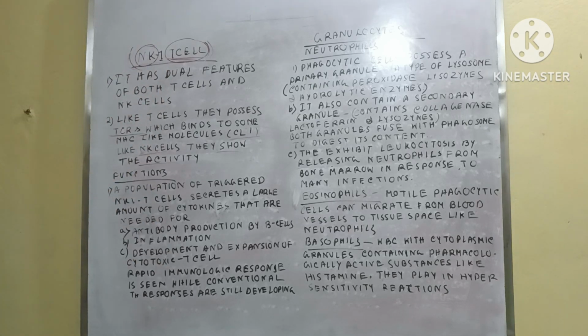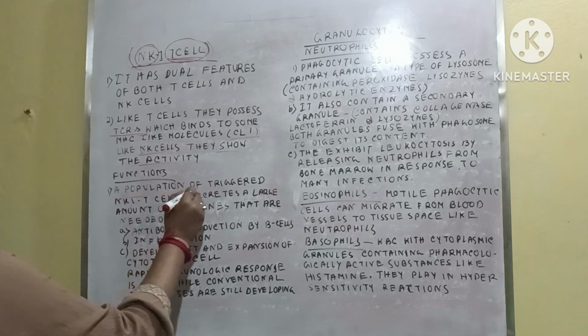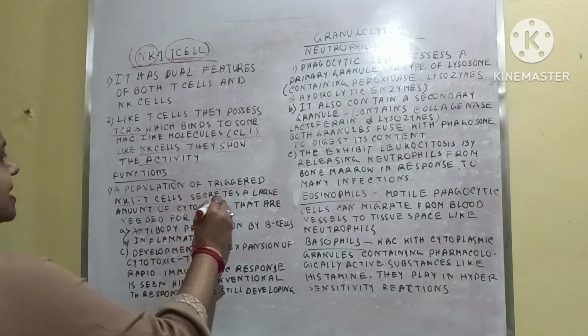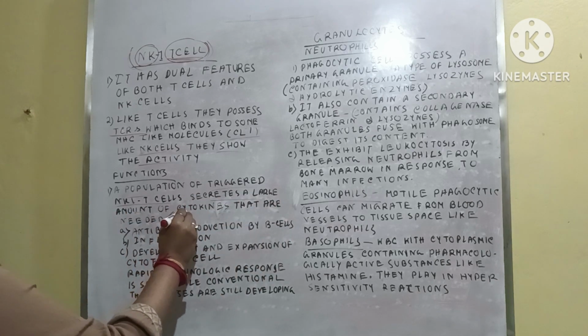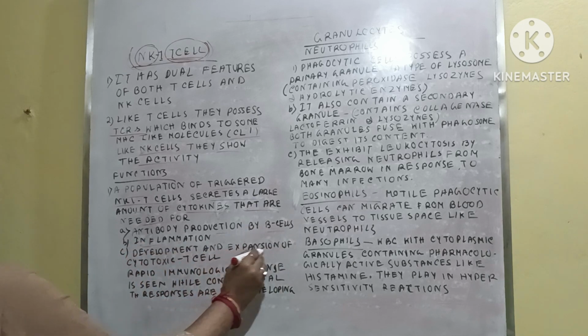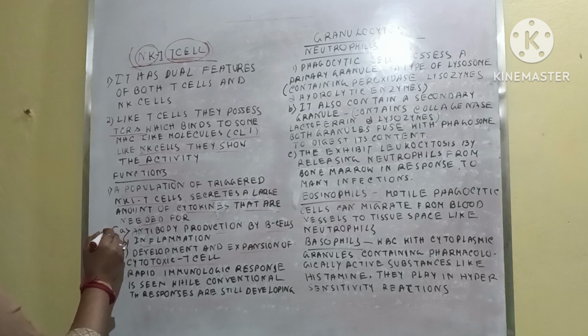Okay, and the function is what? The population of triggered NK1-T cells secretes a large amount of cytokines, and these are needed for, first, antibody production by B cells, inflammation, and development and expansion of the cytotoxic T cell. So actually these are the activations of these cells.